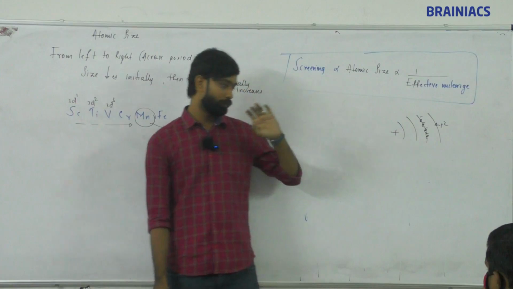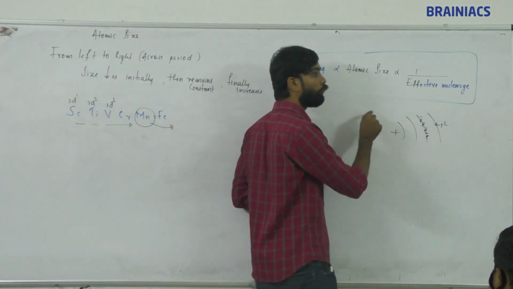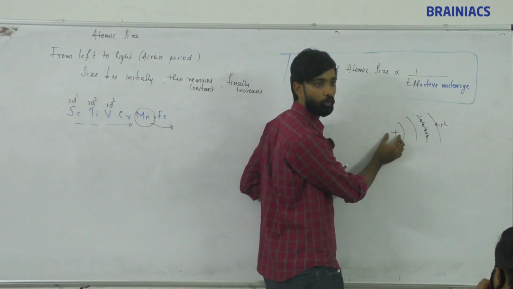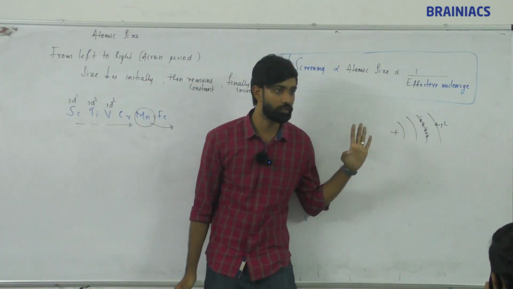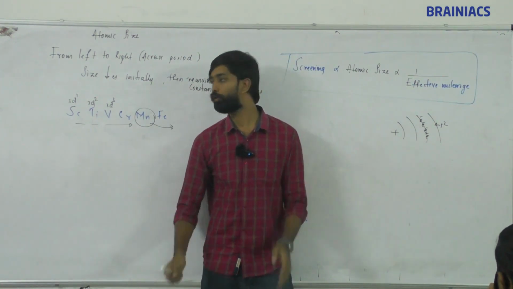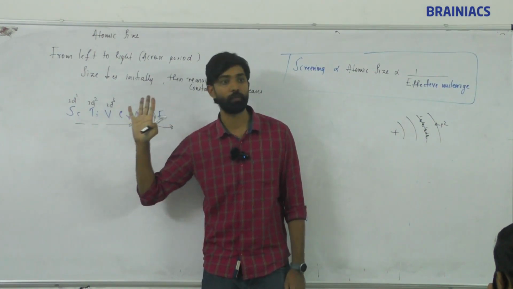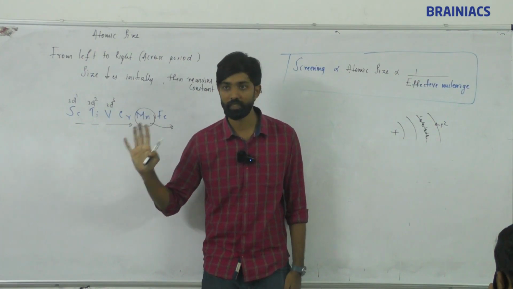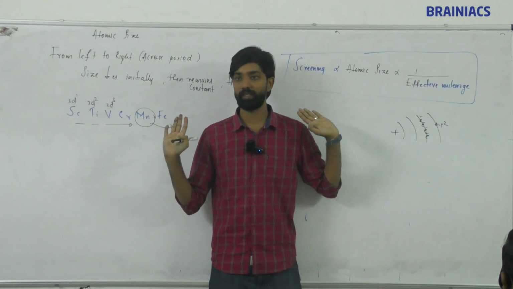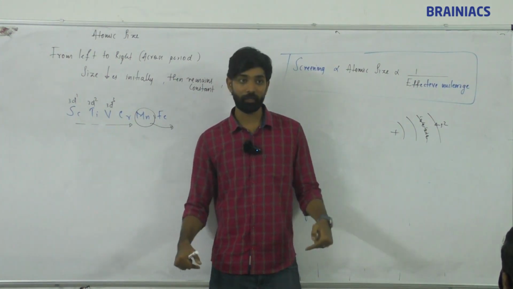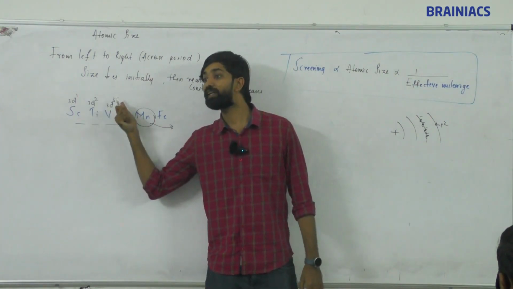When we move from left to right, the number of protons increases, meaning nuclear charge increases. There is no doubt that from scandium to zinc, atomic number and protons increase. As nuclear charge increases, size decreases. But here one more problem is there: the coming electrons are inner electrons.